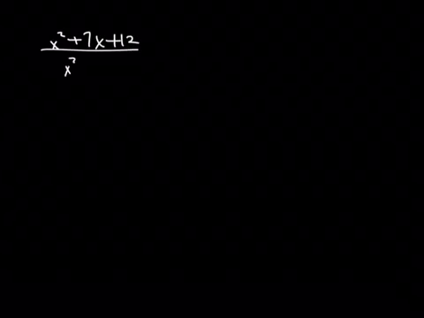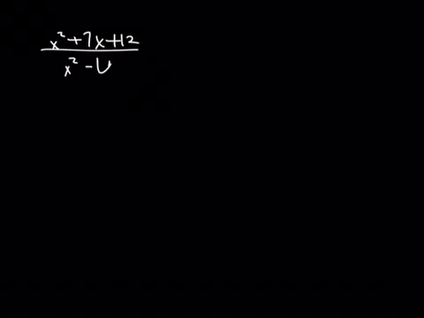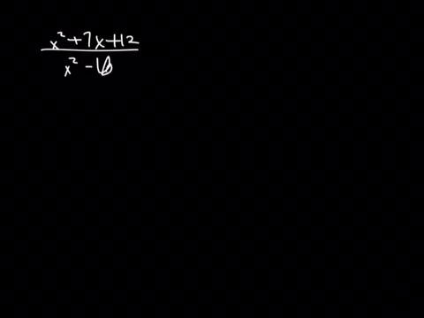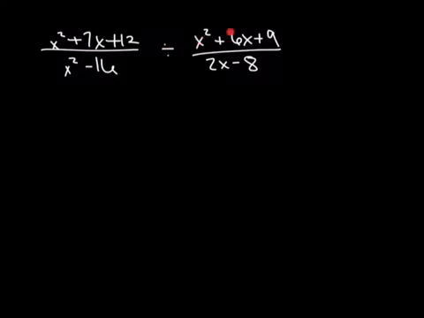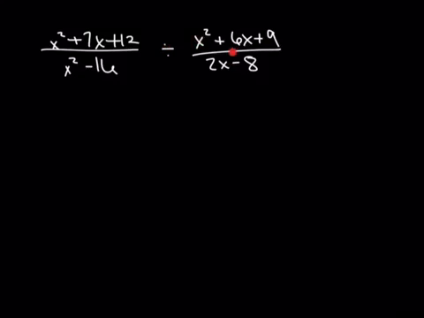Over x squared minus 16, oh my goodness, divided by... Alright, so basically what this division sign means is everything to the right of it, this problem here, we're going to flip it upside down and change that division sign to a times sign.